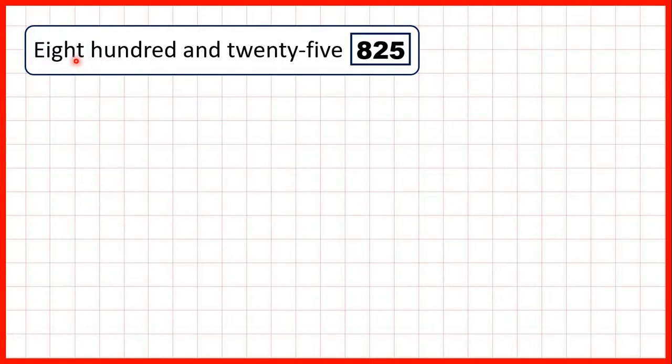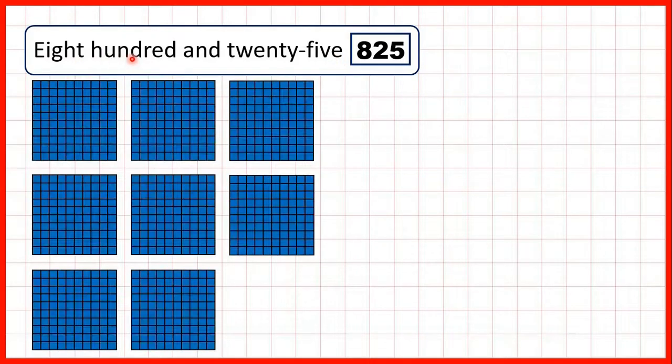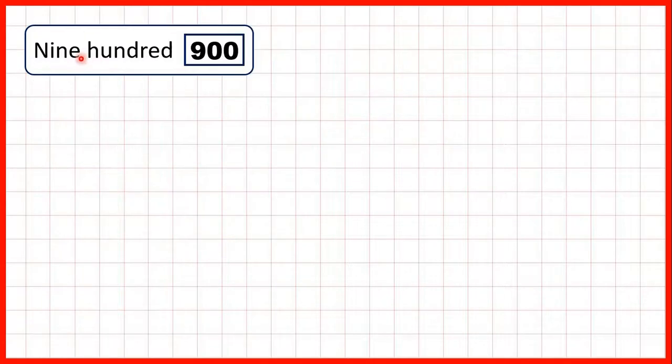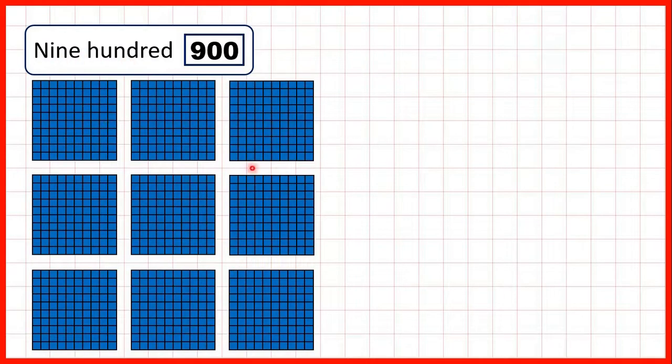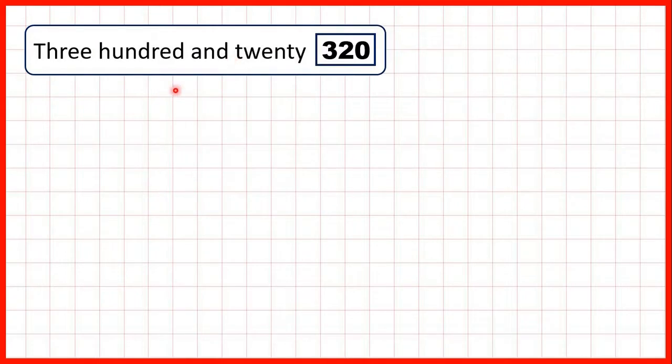So first, we had 825. So 800 shows us that we need 8 hundreds blocks, and then for 25, we need 2 tens and 5 ones. Then we had 900. So that means that we need 9 of our hundreds blocks, but we don't need any tens or ones. Then we had 320.